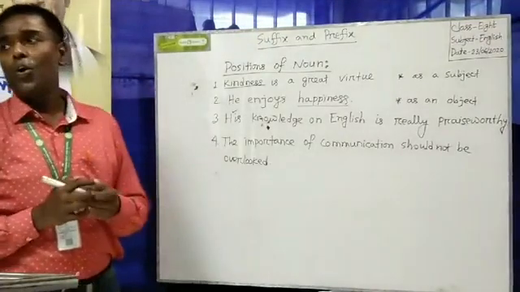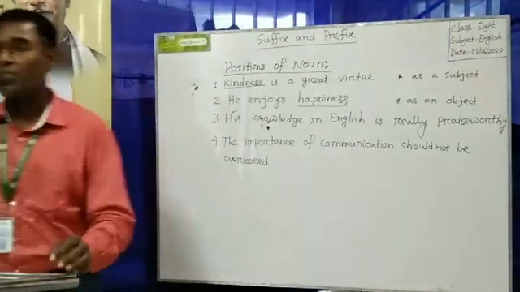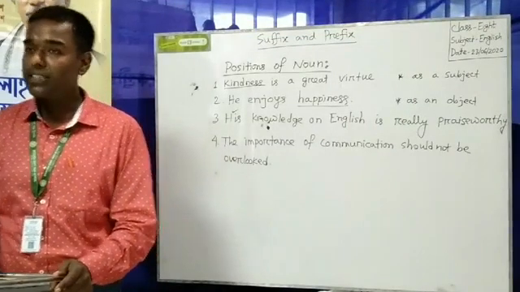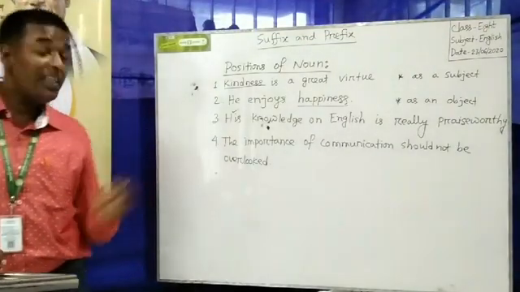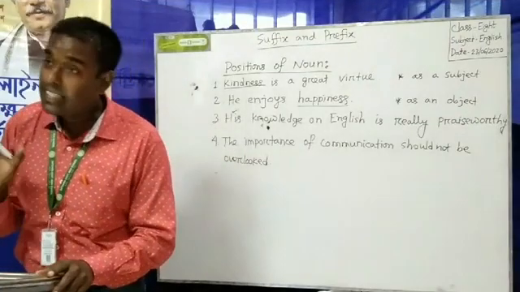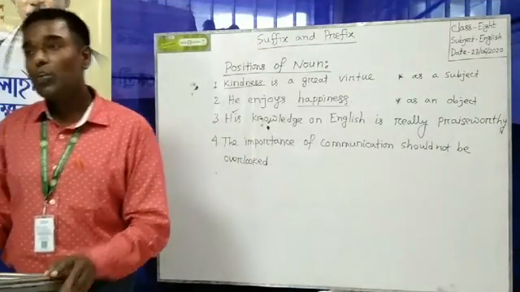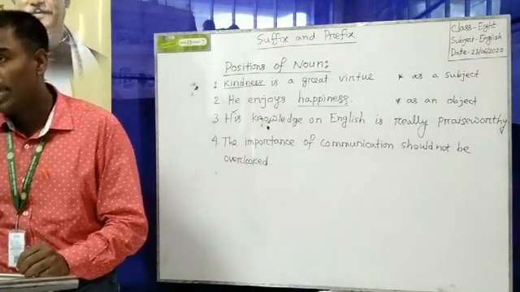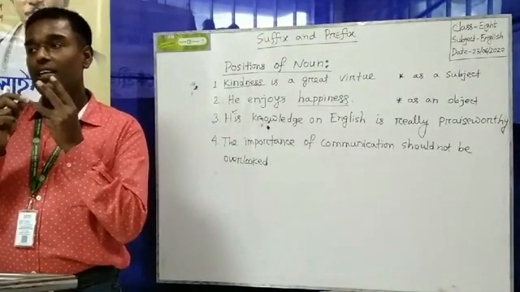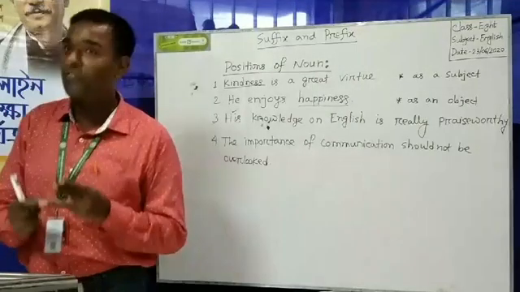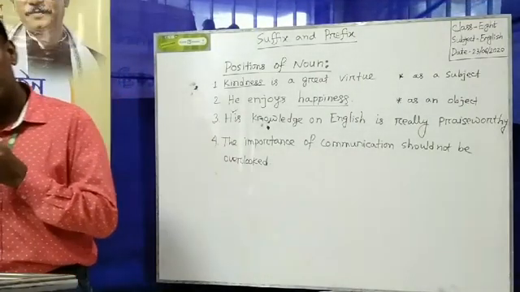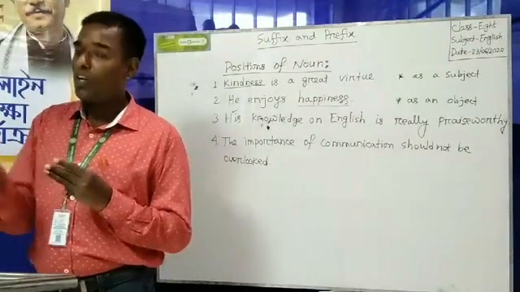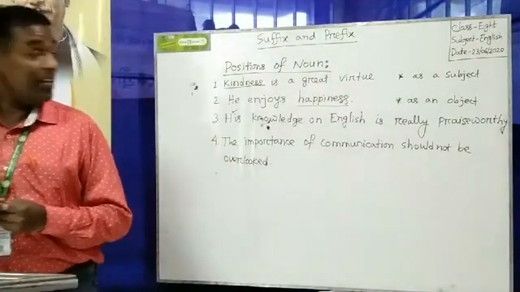Now look at the next one. His. What is his? You know, learners. That means which form is his. We know the 3 forms of pronoun. What are they? First one is subjective form, then objective form, and what is the other one?